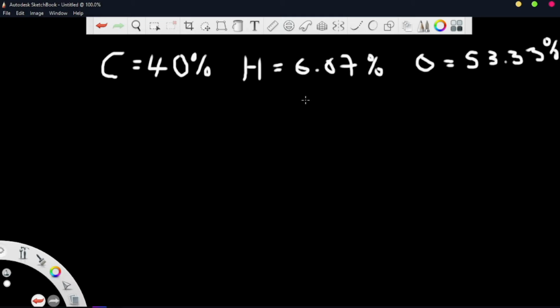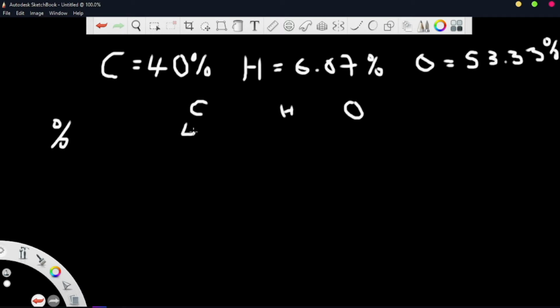So first, you have to write the elements as they are: C, and then you leave a little space, H and O. After you write that, you write their percentage by mass.